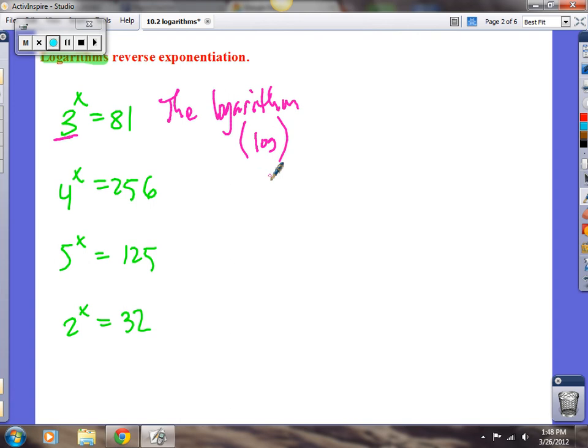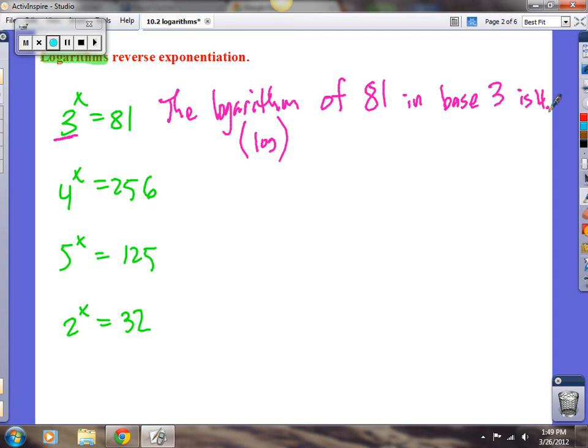So the logarithm of 81 in base 3 is what? 4. So how do you write that in your calculator? You don't. Not yet. No calculators yet. So the logarithm of 81 in base 3 is 4.